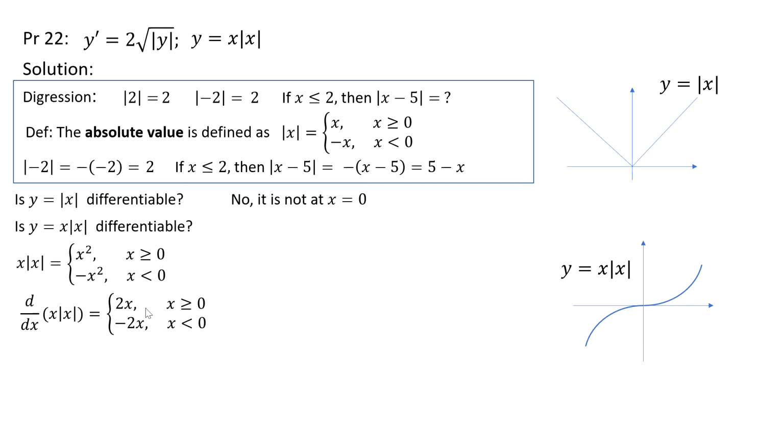Let me repeat that. When x equals 0, is the derivative equal to 2 times x? Yeah, when x equals 0, 2 times x is 2 times 0, which is 0. Did we find that the derivative is 0 at 0? Yep, we did. Horizontal tangent, we said. So, this is what we have for the derivative of x times absolute value of x.